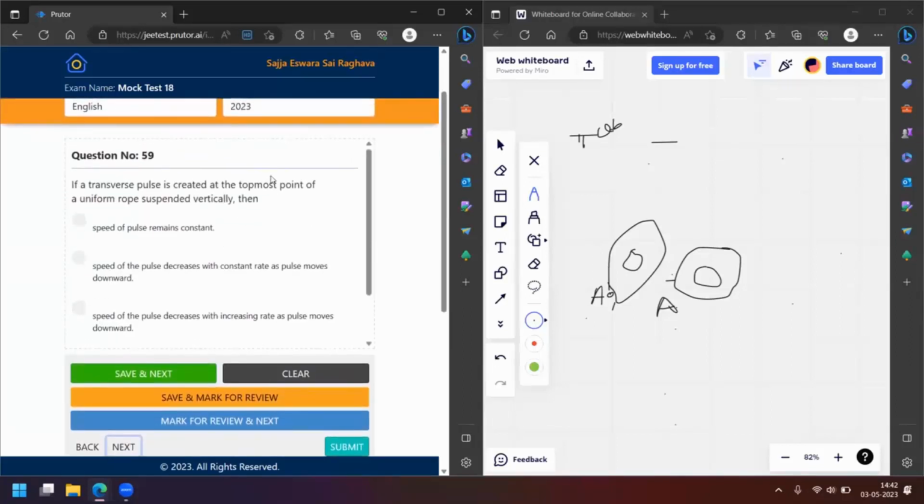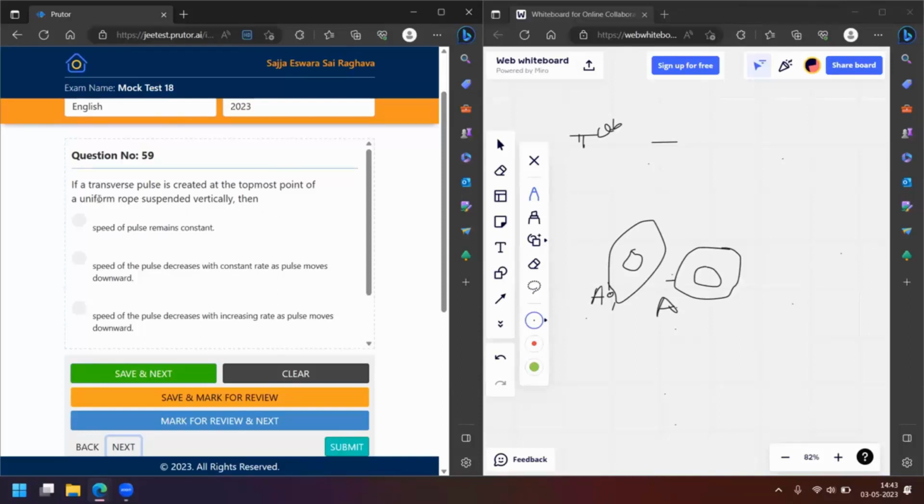Yes, the transverse pulse is created at the top point of the uniform rope suspended vertically. Here, if the rope doesn't have any mass, as the velocity depends on the tension of the string, the tension will be uniform, so it will be smooth.